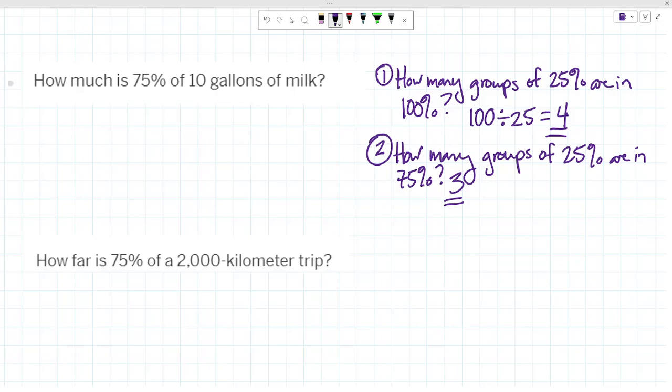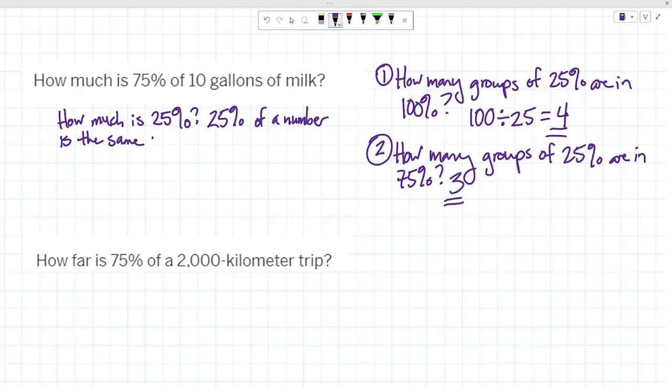The first thing we want to do is find how much is 75% of 10 gallons of milk. So first, how much is 25%? And remember, there are 4 groups of 25% in 100%. So 25% of a number is the same as 1/4 of that number.